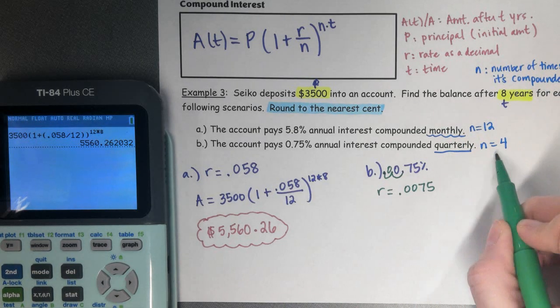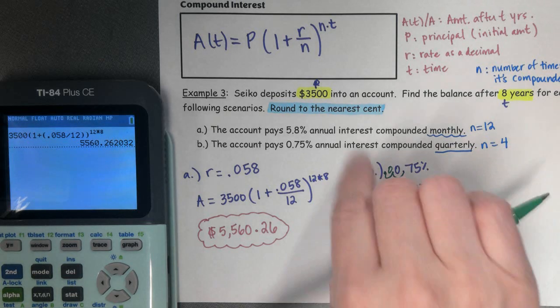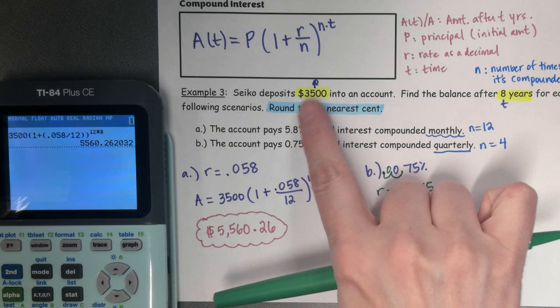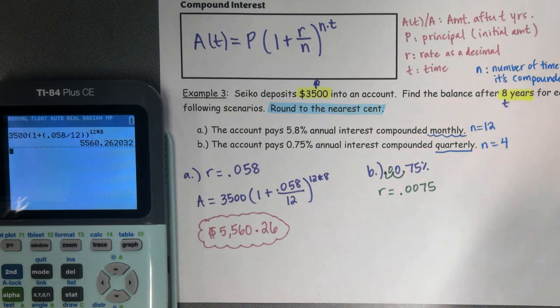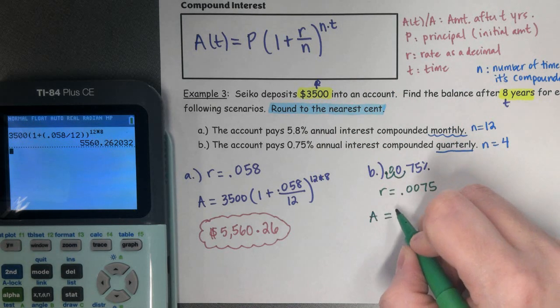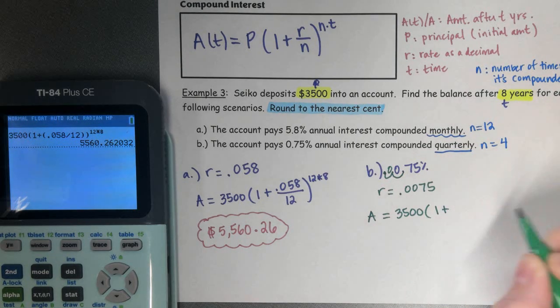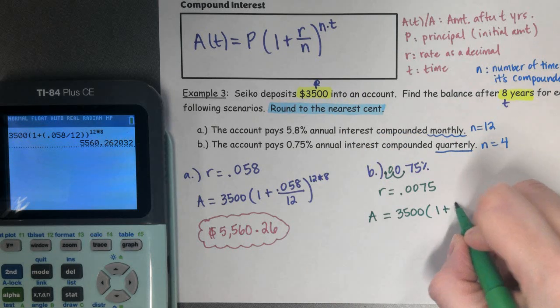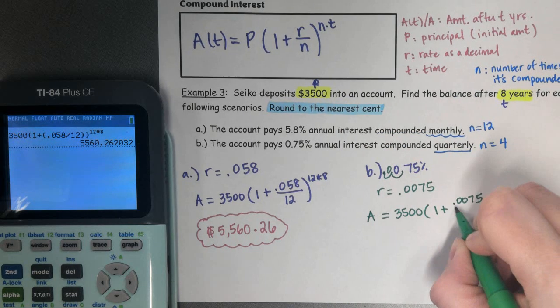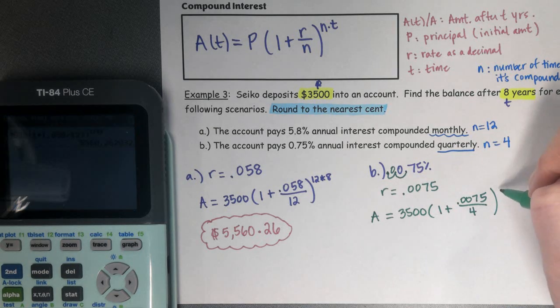Okay, and now if it's compounded quarterly, you're going to plug in 4 for n. So the things that are staying the same are the 3,500, which is the principal, and then the amount of time, which is 8 years. So it's going to be the 3,500, 1 plus, and then you have R over N, which is 4, to the power of 4 times T, which is 8.